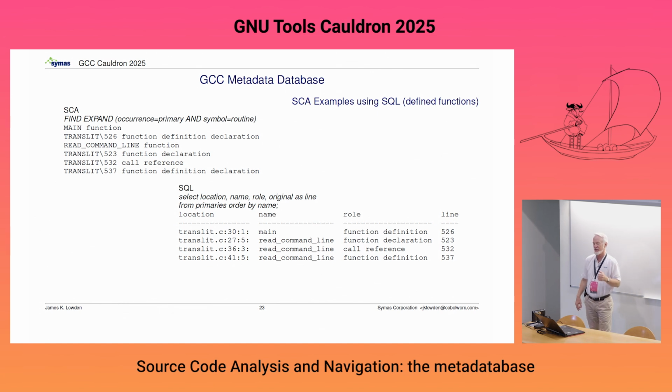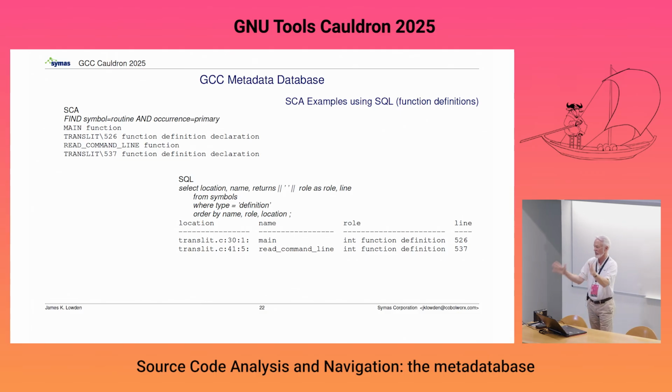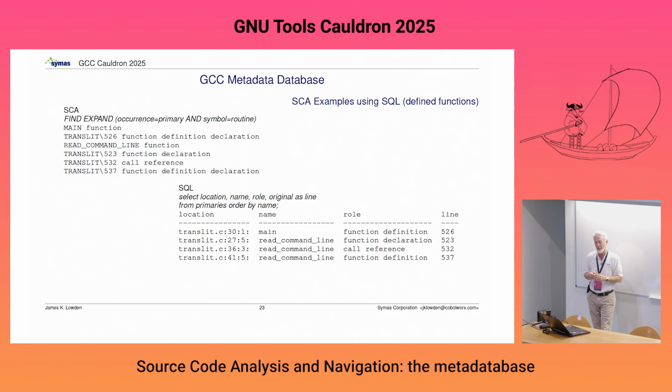They have this notion of expand. So here, on the previous slide, we said, show me the primary data, show me the things that are being defined. And they have this notion of, is there a bigger idea of define? Well, there is in our world, where define and declare differ: you could have functions that are defined, where we have the actual code body of the function, or declared, where we only have its name and arguments.